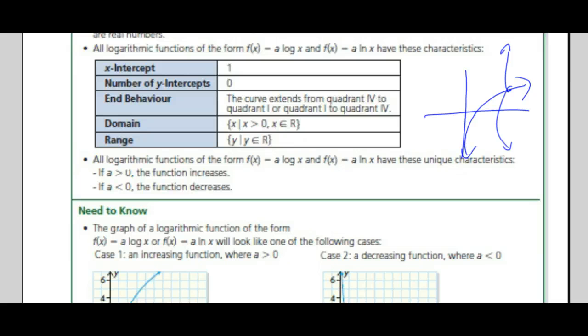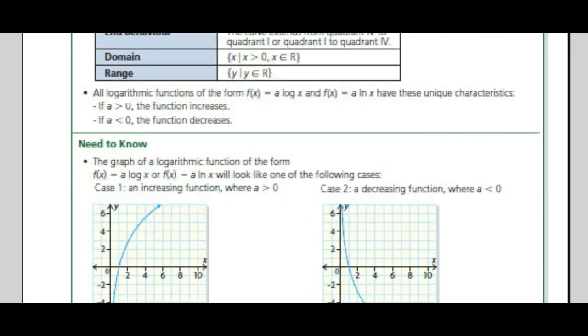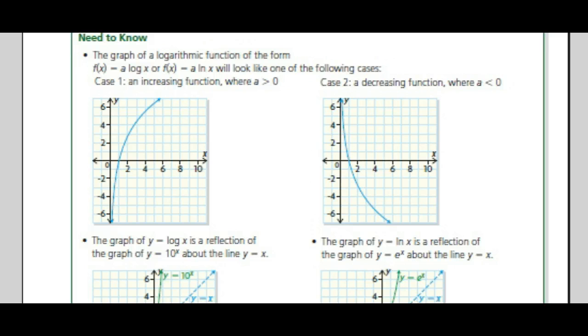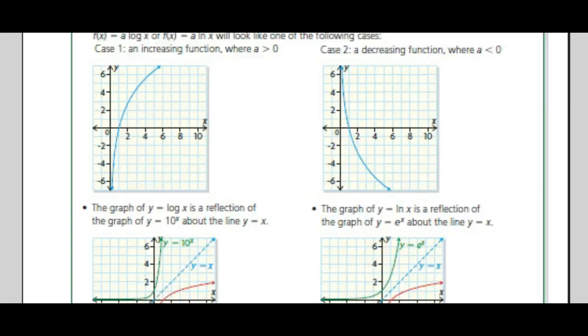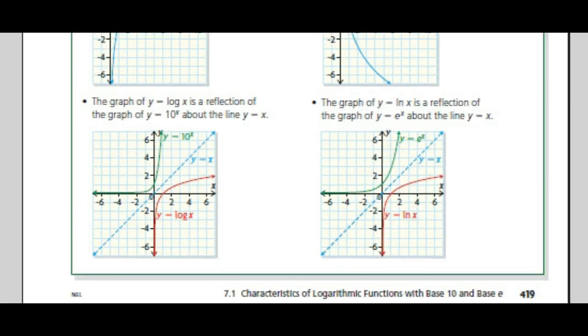So if this was a 2, we double it, it becomes a 4. If we multiply by -2, it becomes a -4. That's going to flip the function, so it'll be a decreasing function. Need to know: graph of a logarithmic function of the form, increasing if a is greater than 0, decreasing if a is less than 0.